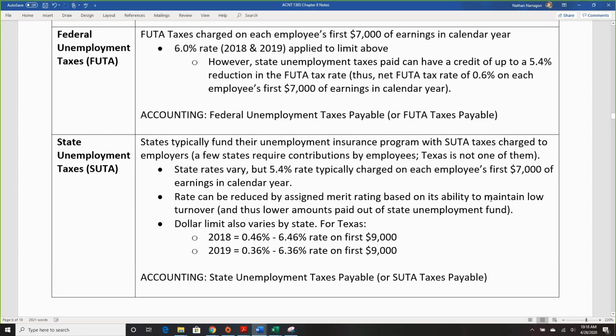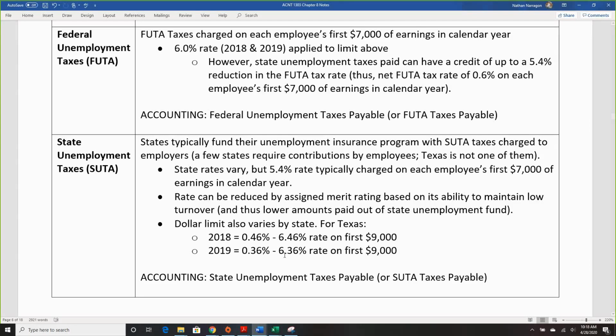First off, Texas will take this rate and put a merit basis on it, which basically means if you have a low turnover rate of employees, they will actually lower that rate. The lowest for 2019 was 0.36%. But if you do have a high turnover, a lot of employees coming in and out, you can see your rate increase to above that 5.4%, all the way up to 6.36%.